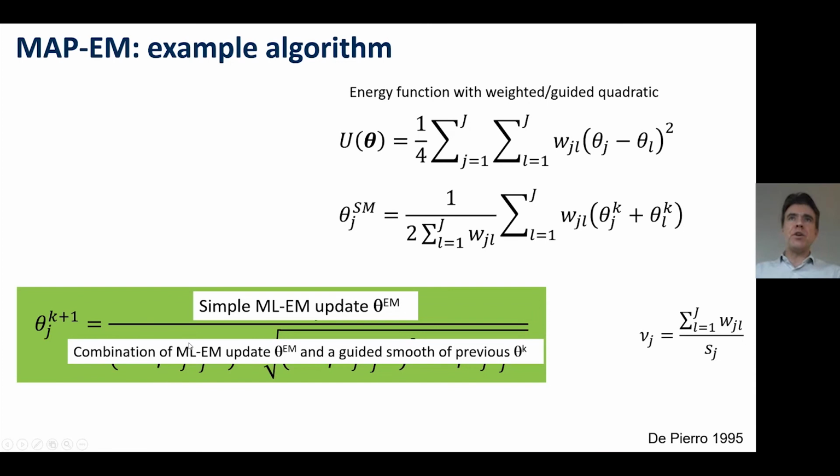And then all you do to get the update is keep that simple method and divide it by a combination of that simple update with what turns out to be just a guided smoothing of your current PET reconstructed image. In other words, you use, for example, that Bowsher similarity map to control smoothing within regions that are similar in the MR, and you switch off the smoothing in regions that are dissimilar in the MR. So it's actually a very simple approach.